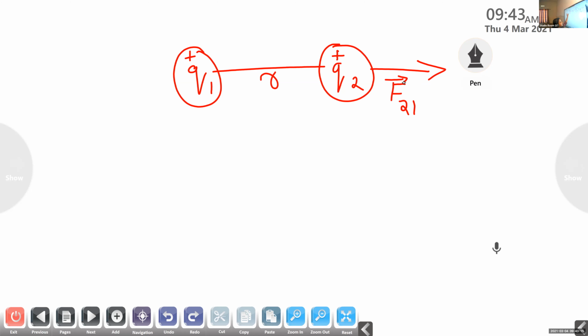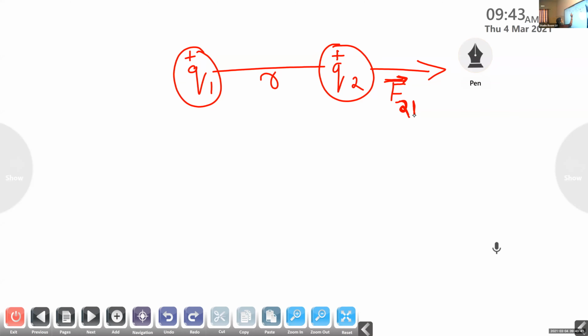So Q1 exerts a repulsive force on Q2 in this direction. We name that force F21 because it is the force experienced by the charge Q2 due to charge Q1. Is it clear?